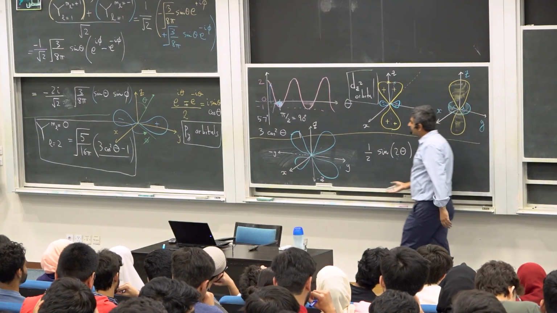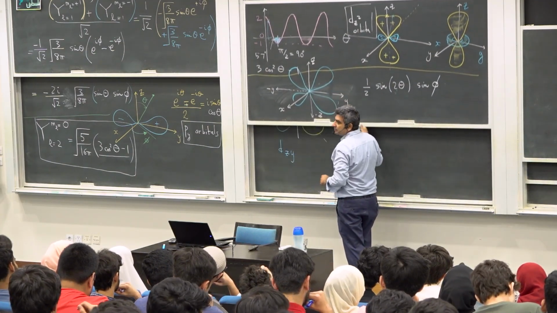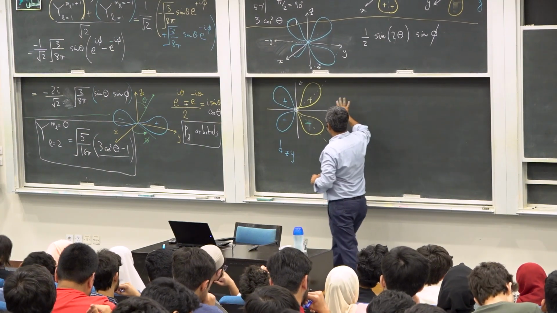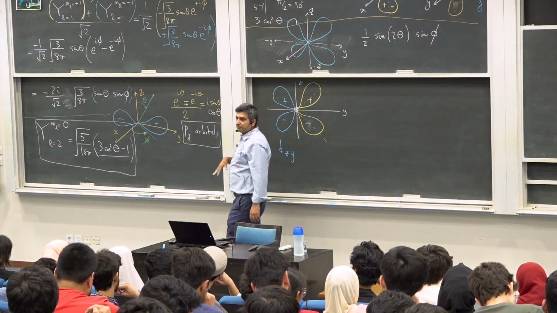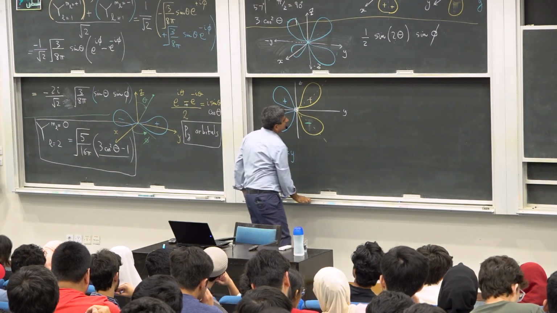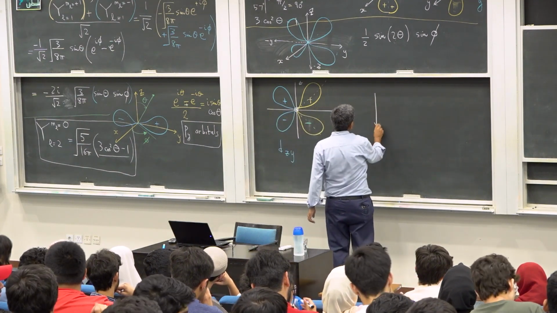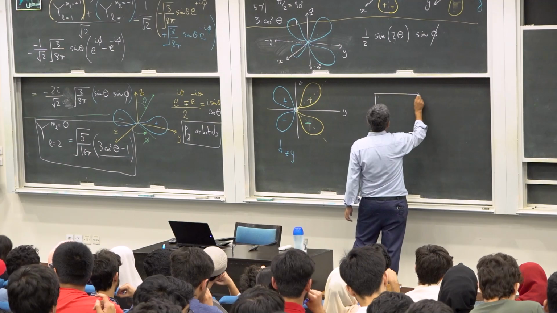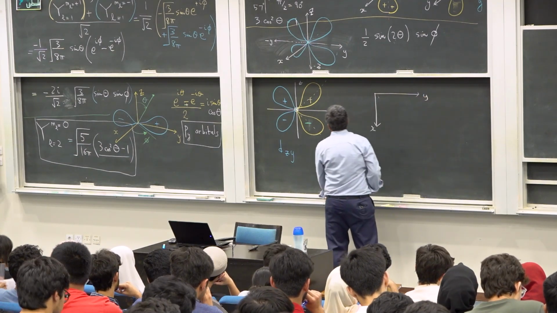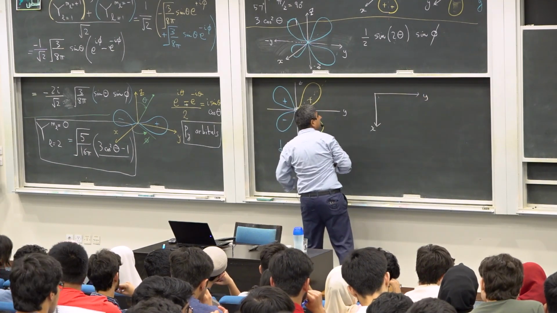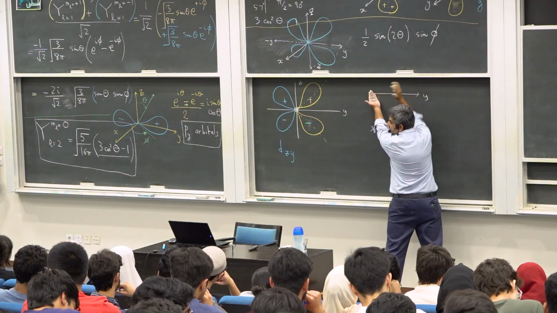But it's predominantly in the YZ plane. Outside the YZ plane, if I were to look at this from the top, this is now my x-axis, this is my y-axis. Now this lobe over here is above this plane, right?